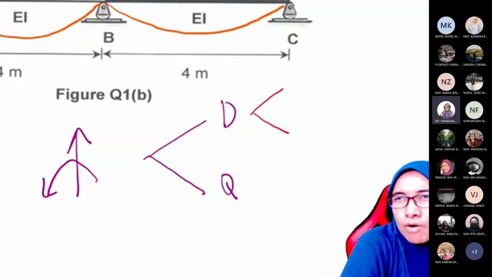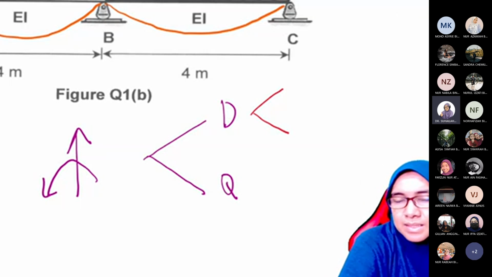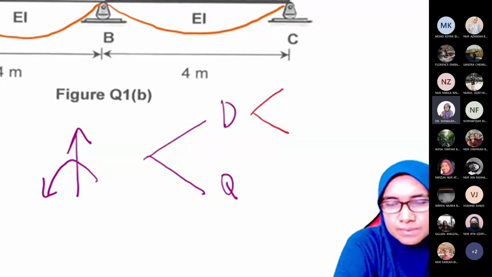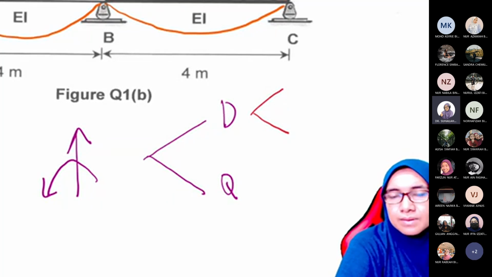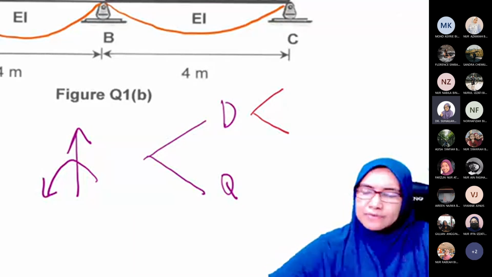Name of one of the topic under CS424. Nama lain bagi vertical displacement. Apa nama lain bagi vertical displacement? Pergi cari sekarang. Nama lain bagi vertical displacement.